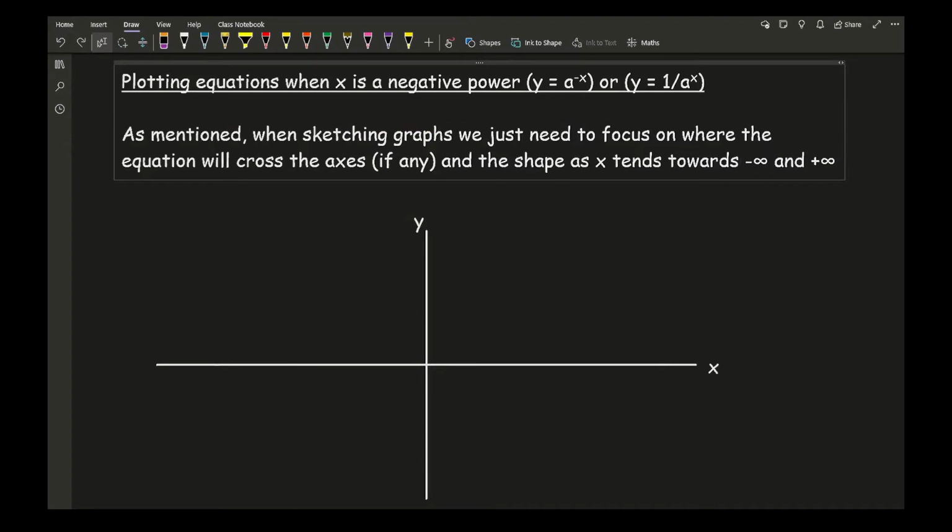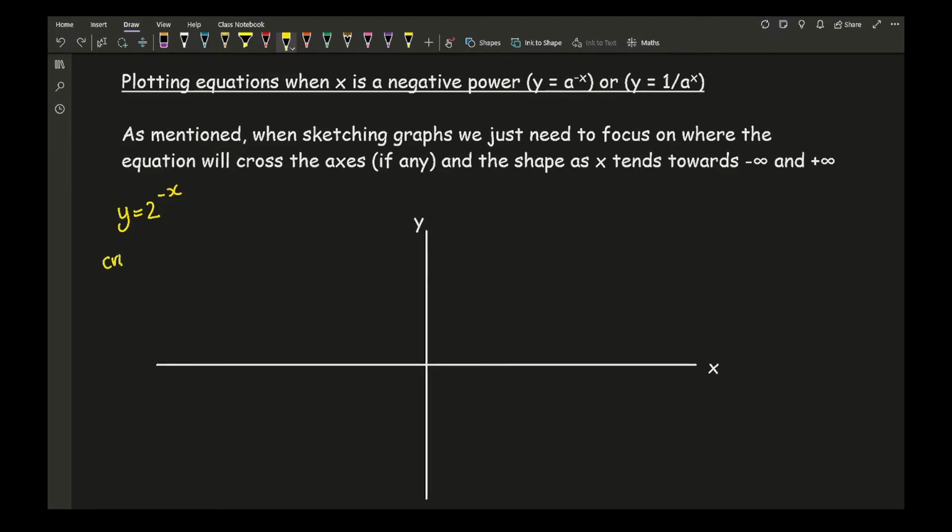Now, as mentioned, when sketching graphs, we just need to focus on where the equation crosses the axes, if any, and the general shape as x tends towards -infinity and +infinity. So again, let's take an example: y equals 2 to the power of -x. The first thing you want to do is establish where this crosses the y-axis.